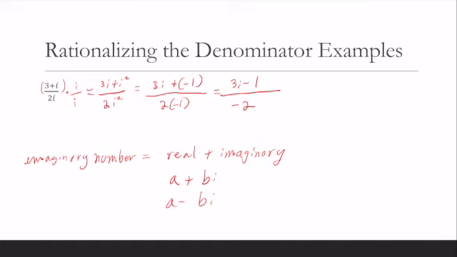So I'm going to rearrange my numerator to be -1 plus 3i over 2. Now, if you're doing your homework by hand, this is equivalent to this. If you are doing your homework online and have to submit it into something like MyMathLab or a Learning Management System, it's going to want your answer in this form, or it may count it as wrong.